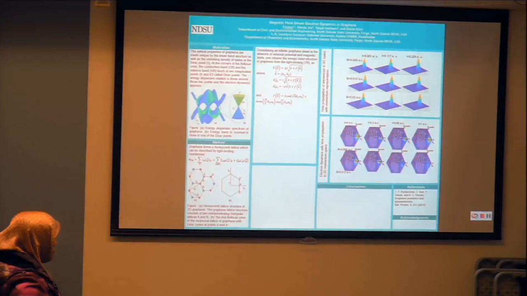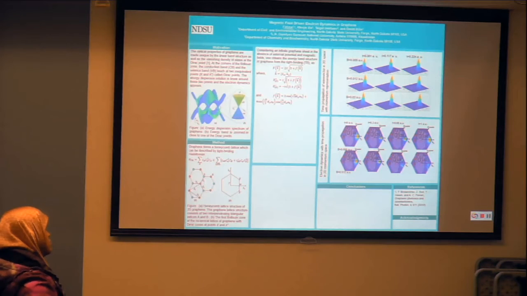And snapshots of the absolute value squared of this wave function, psi of p_x, p_y, time, are plotted in these colorful diagrams as a function of time for different magnetic fields. Is it what you wanted to say, Fatima?